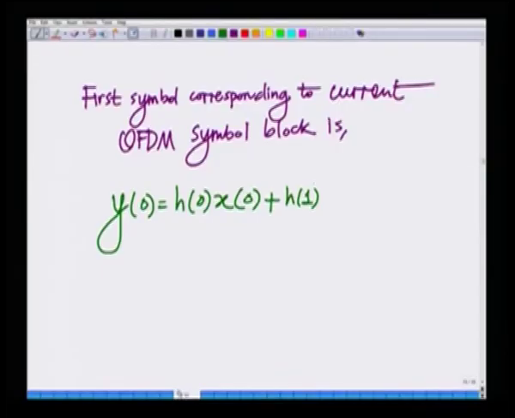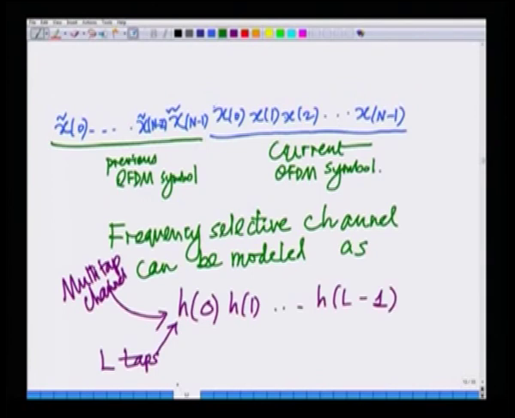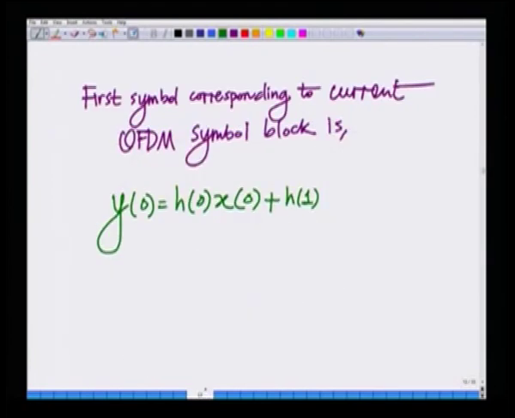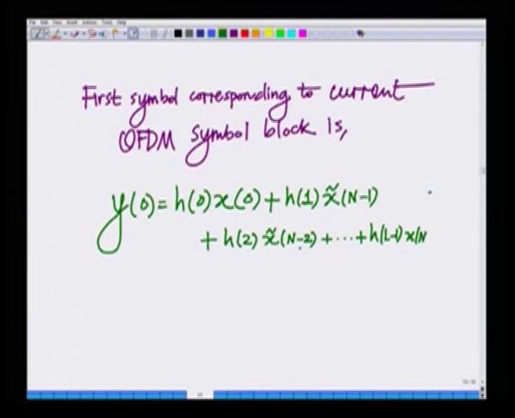There is h1 times x tilde n minus 1. Remember, the previous sample corresponding to x0 is x tilde n minus 1. Hence, I will have h1 x tilde n minus 1 plus h2 x tilde n minus 2 plus up to h L minus 1 x tilde n minus L plus 1.